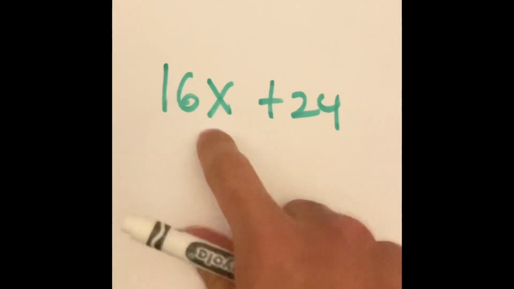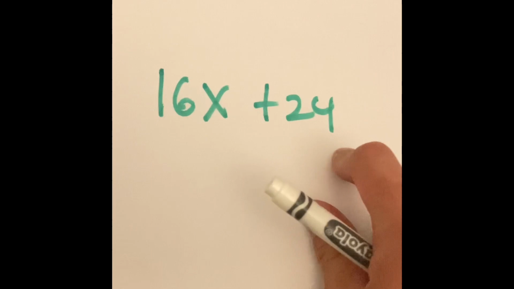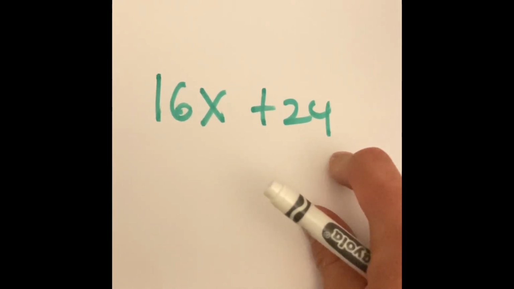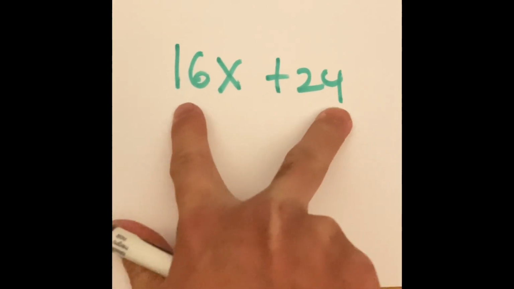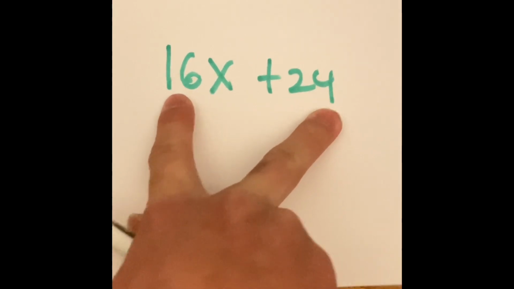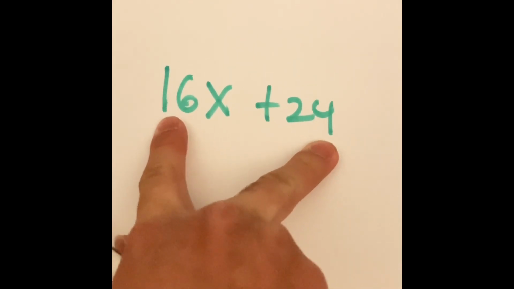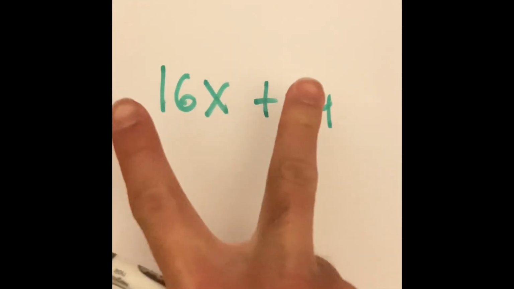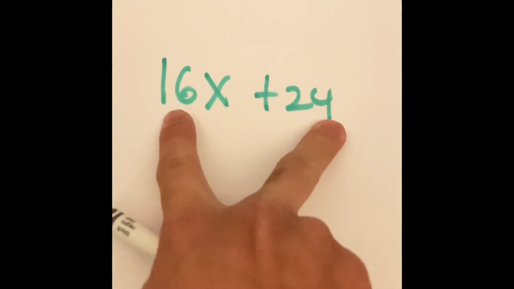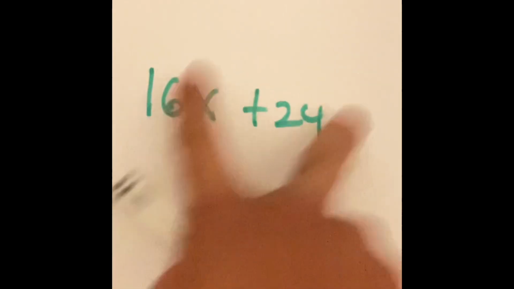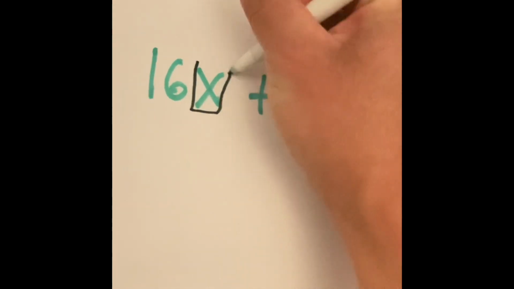When you have 16x plus 24, what you have to do first is find the greatest common factor of 16 and 24. What 2 numbers can be multiplied into 16 and 24 at their greatest extent? We ignore the variable and push it aside so we can add it in later.